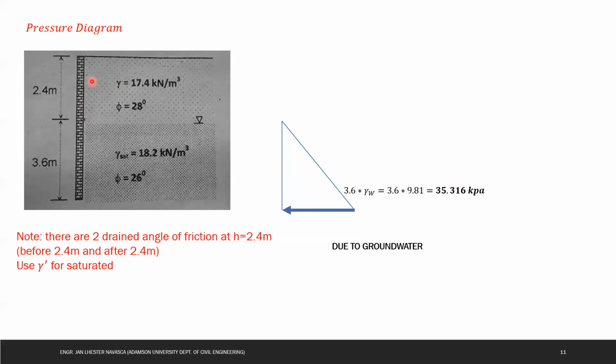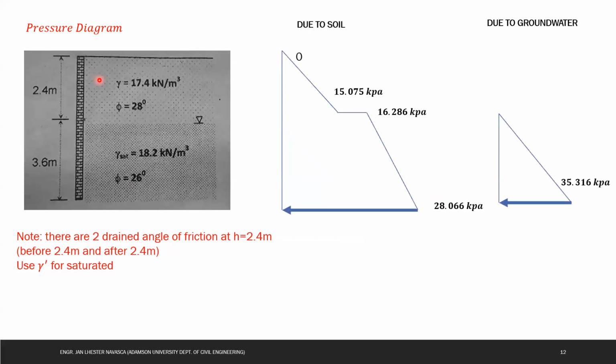Okay, so adding this to the pressure diagram, due to soil and due to groundwater. It is easier to compute the area if we divide the areas into triangles and rectangles.